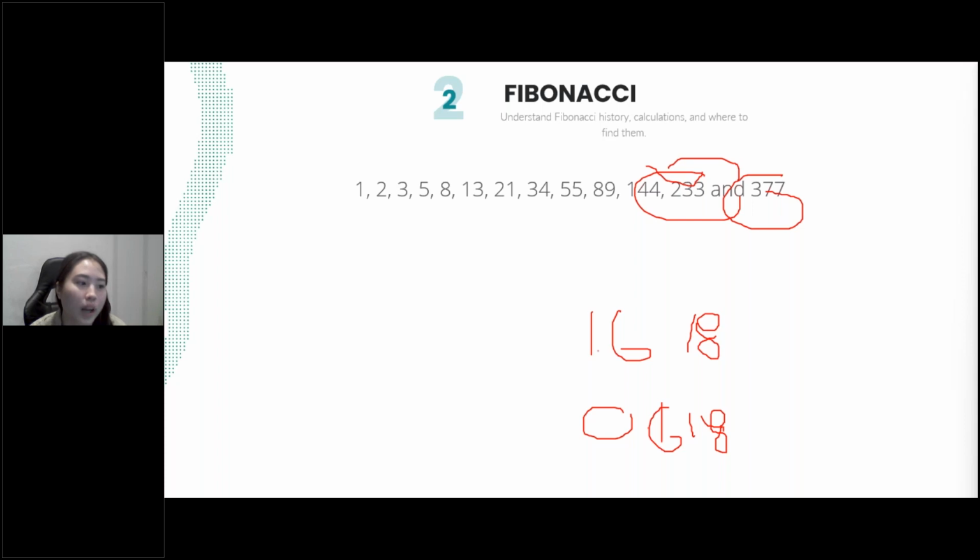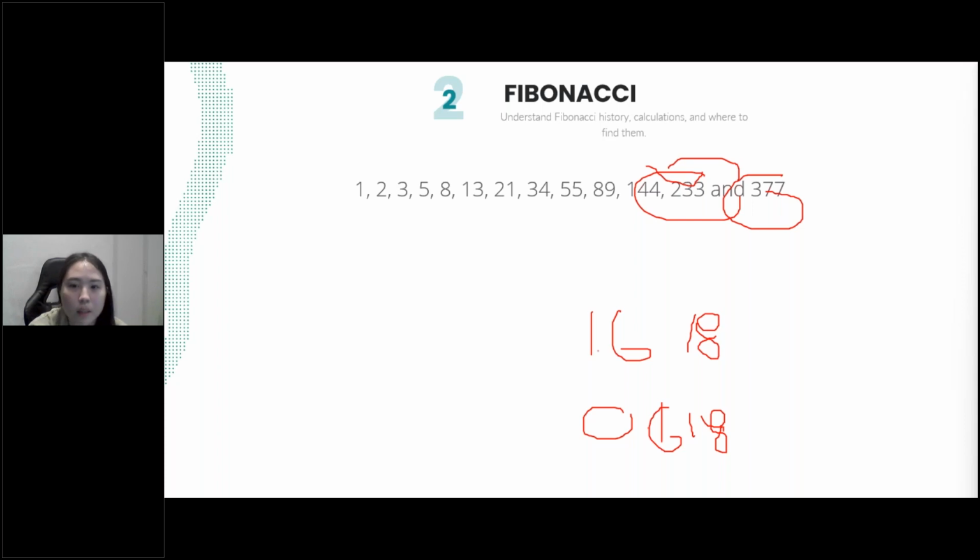Again, whatever I'm telling you about the history of Fibonacci is not as important when it comes to trading and applying it to your trading method. More importantly, you need to know how to actually apply Fibonacci in your trading strategy. You can know all the history about it, but if you don't know how to apply it in your trading, you won't get the results you want.